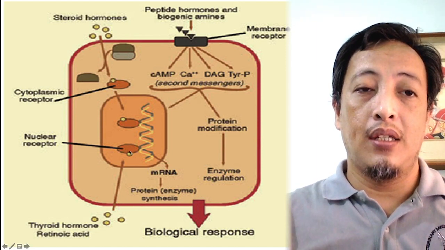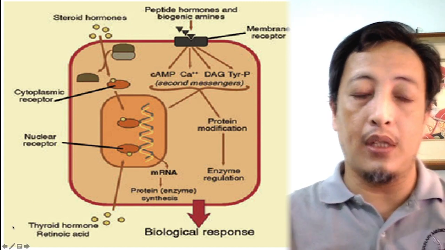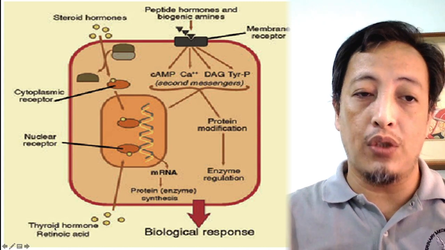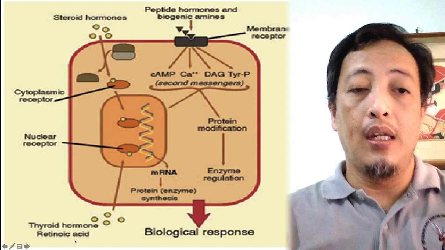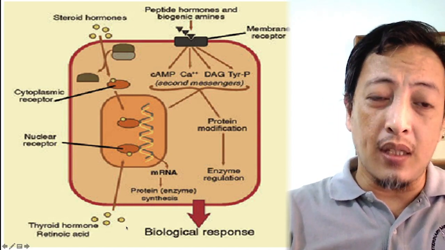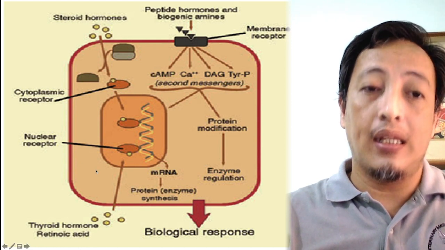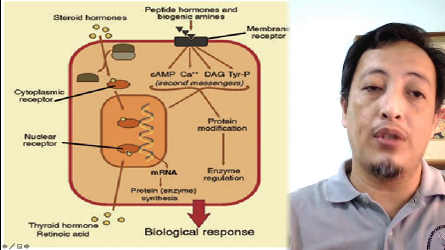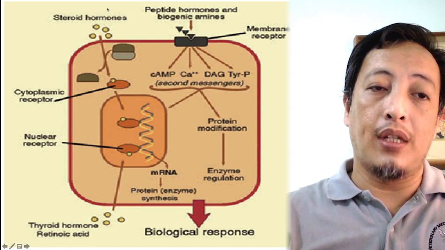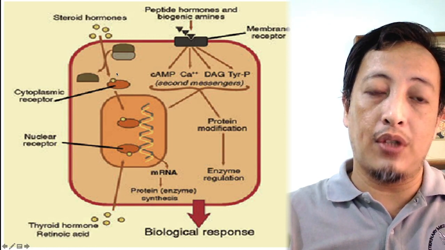Okay? Okay, so this lower portion of the diagram, you can see thyroid hormones, which is also a fat soluble hormone, and retinoic acid, which is the vitamin A. Okay, so mapapansin nyo, these hormones not only have intracellular receptors, but they actually have intranuclear receptors. Okay, unlike steroid hormones na ang receptors ay nasa cytoplasm, tas from the cytoplasm, pag nag-bind na yung steroid hormone, saka pa lang siya papasok sa nucleus.